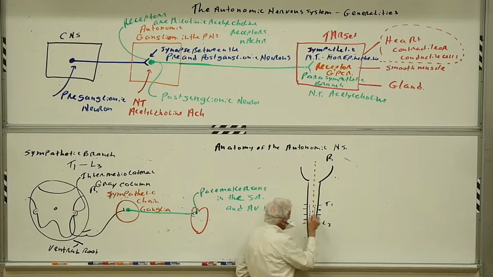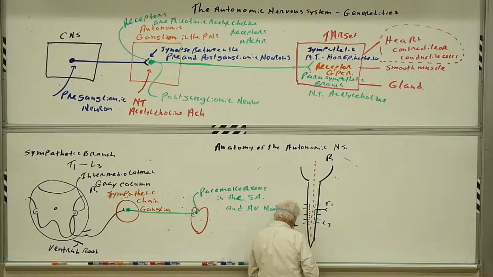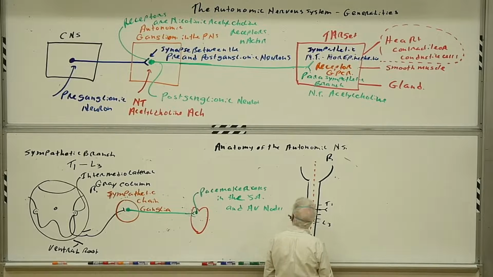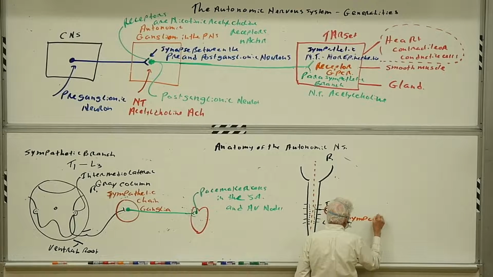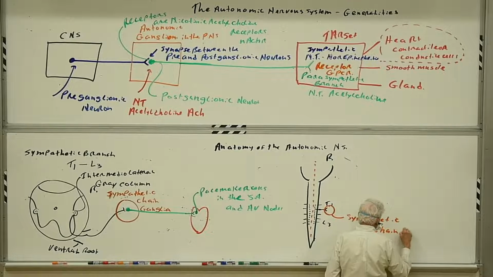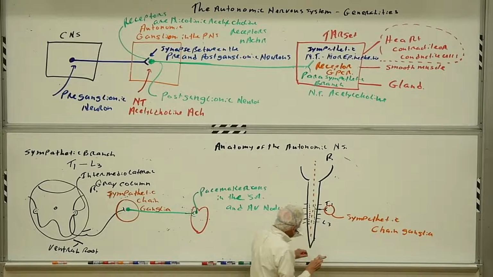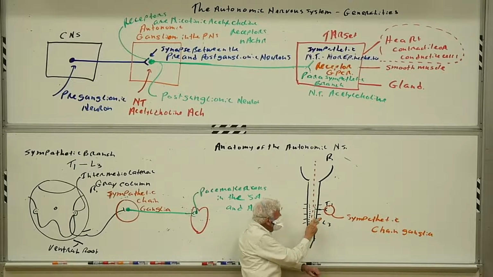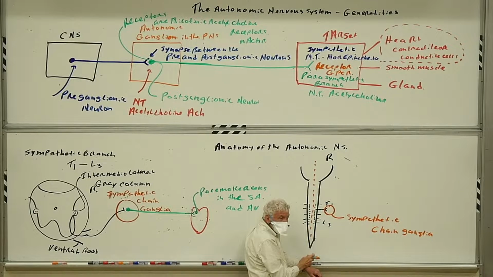These neuronal cell bodies send processes out into the spinal nerve, and shortly after entering the spinal nerve, they will form synapses out here in the sympathetic chain ganglia. It's not perfect, but pretty much what we see here is that for each segment we have a ganglion.